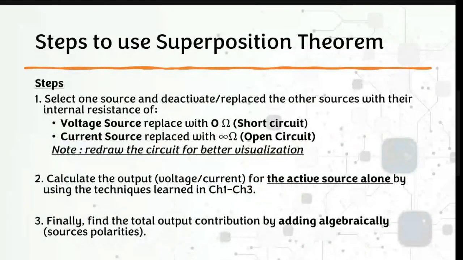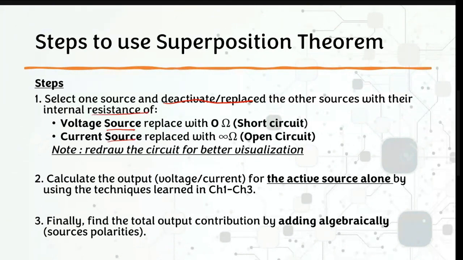And then the steps for the superposition theorem. The first thing we need to do is deactivate or replace the other sources with their internal resistance, for the voltage source or current source.